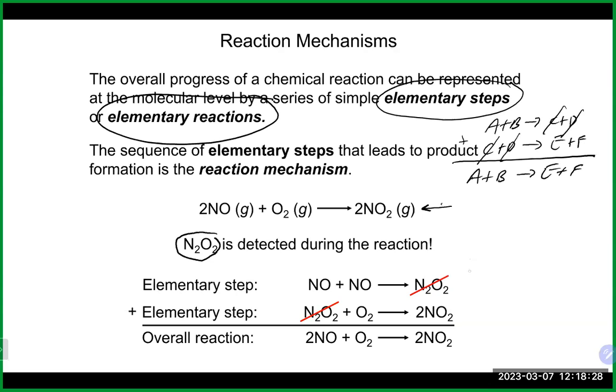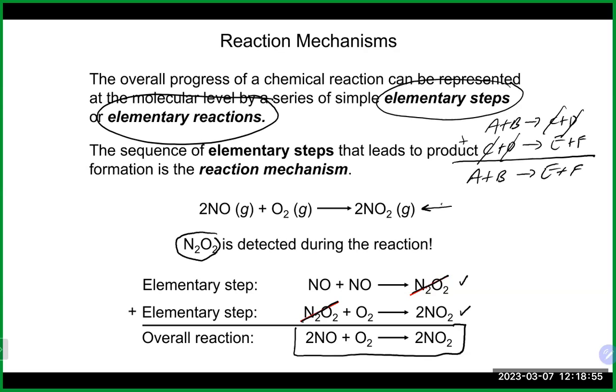So this is a plausible mechanism for how this reaction takes place. First, maybe a couple of NO guys come together to make N2O2, then that N2O2 and oxygen react to make two of the NO2s. Once again, here the N2O2 is our intermediate, as it is on both sides and completely cancels out, giving us our overall reaction that happens here.